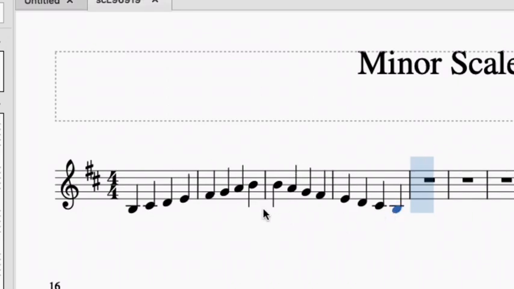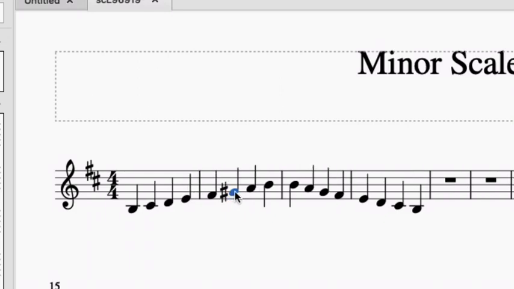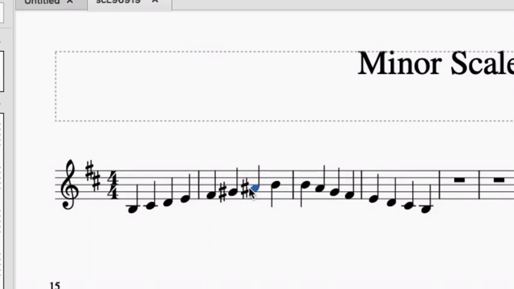And to make it a melodic minor scale, we raise the 6th a half step and the 7th a half step, but only on the way up, only on ascending. Descending, the A is natural again, and the G is natural again.